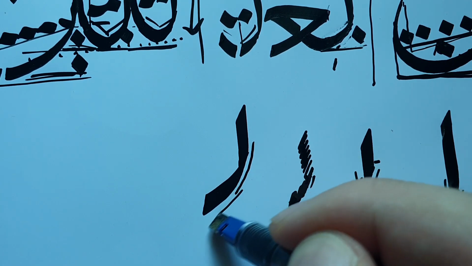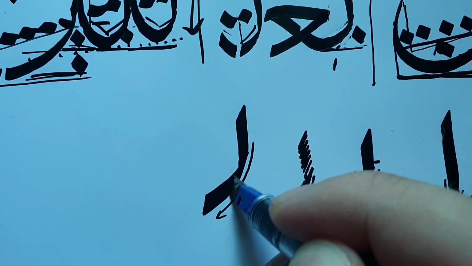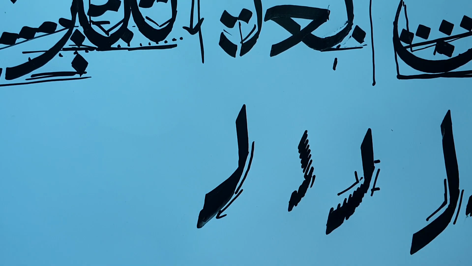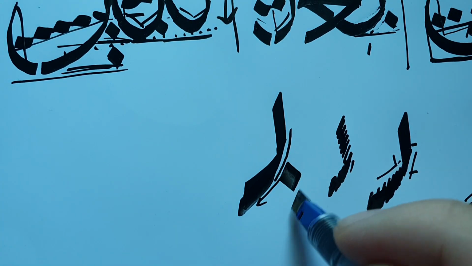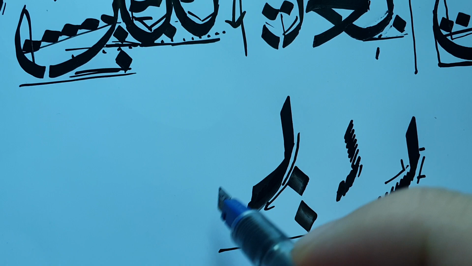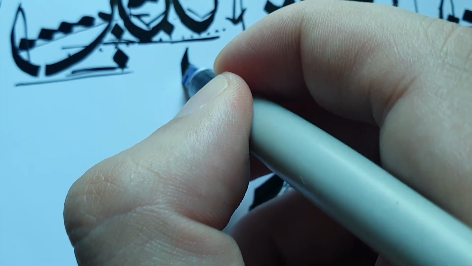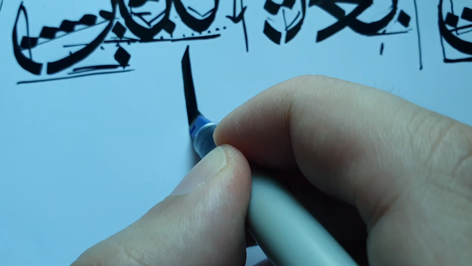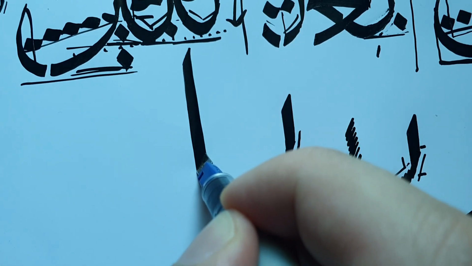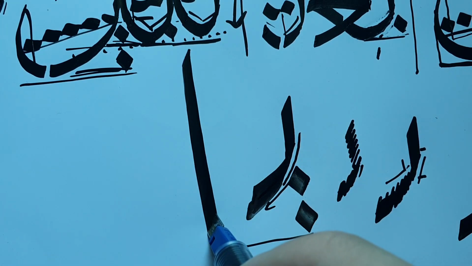I need my angle of exit to be shallower, just like here. That's because you've got 2 points of drop and you need to cover all of that. And when you do the whole alif letter, it would be more visible and clear.